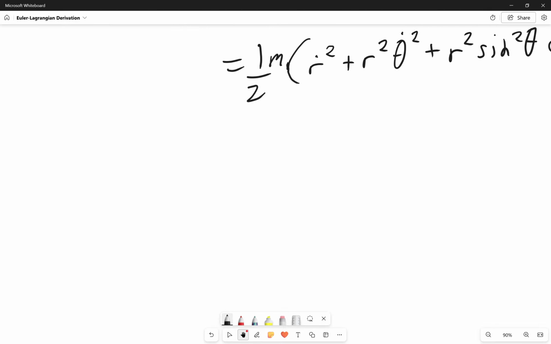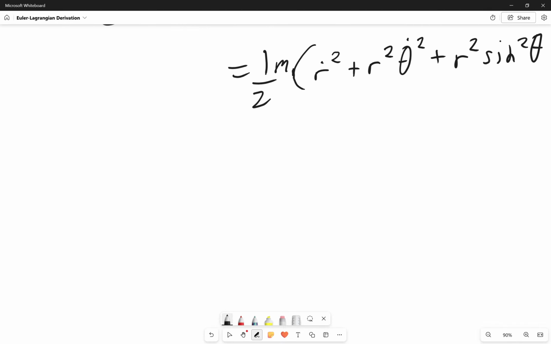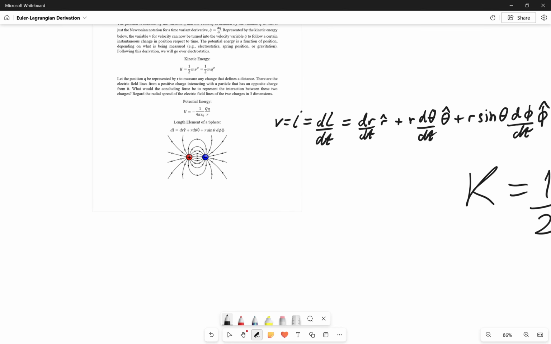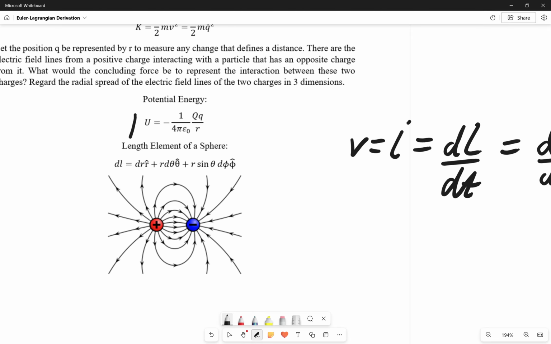Now I can define the Lagrangian since I already derived the kinetic energy. The Lagrangian, as mentioned before, is the difference between the kinetic energy and the potential energy. Now we already have the potential energy defined right here.